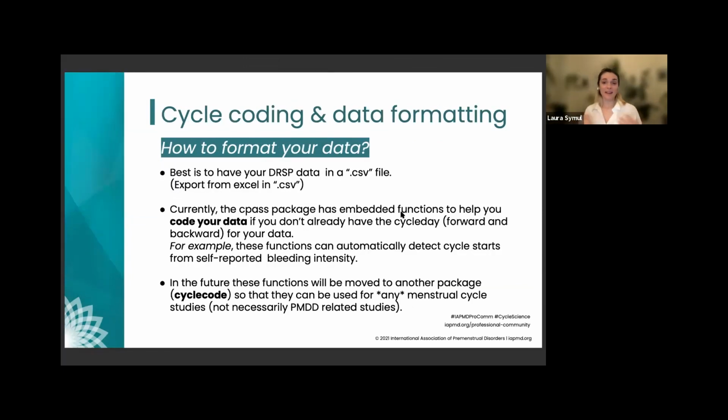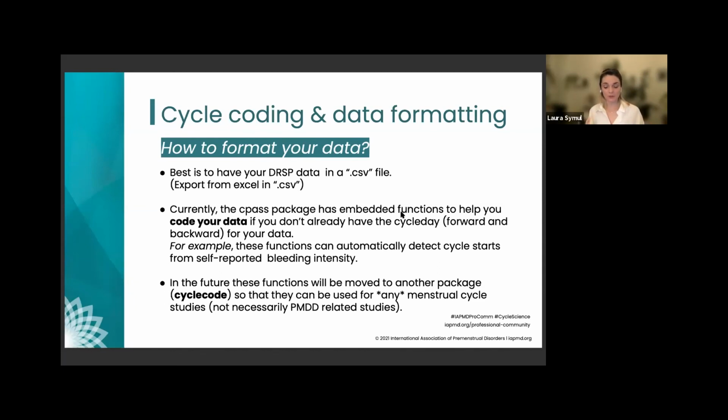And then finally, if you want to use it and you have at home or in your lab some data that you'd like to test this package on, the best way to get started is to have your data in a CSV file. And so if you are used to Excel, it's very easy to save as CSV from Excel. And as I explained earlier, there are some functions that are embedded in the CPASS package that can help you code your data.